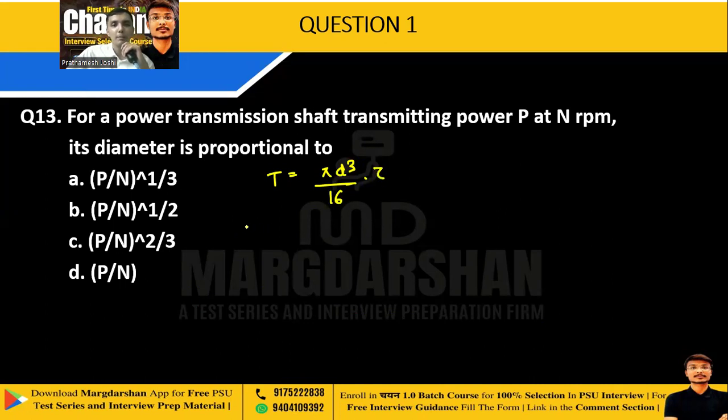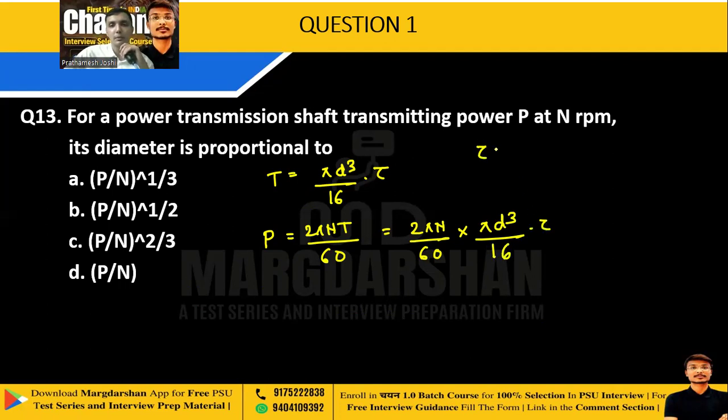And the power can be written as 2πn upon 60 into T. Torque की जगह पे we can write π d³ upon 16 into tau. अगर shear stress हम लोग constant मान लें, ठीक है, so therefore d will be (P/n)^(1/3).